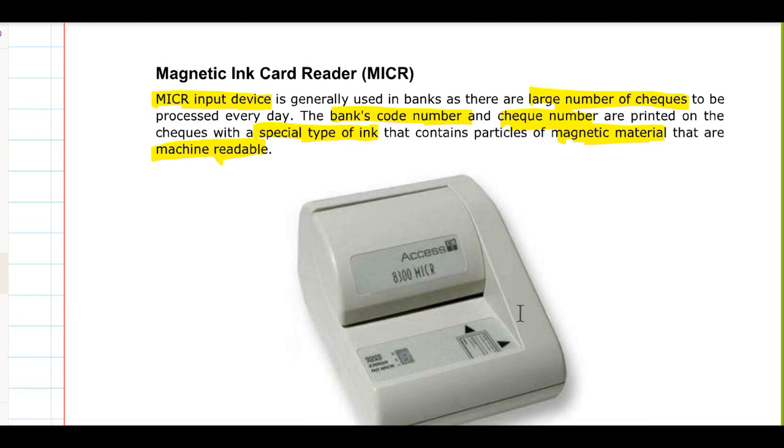The other input is the magnetic ink reader. This is generally used in banks, most of the time to read the bank code numbers or check numbers that are specifically printed with a special ink that has a magnetic material that can be read by this reader.